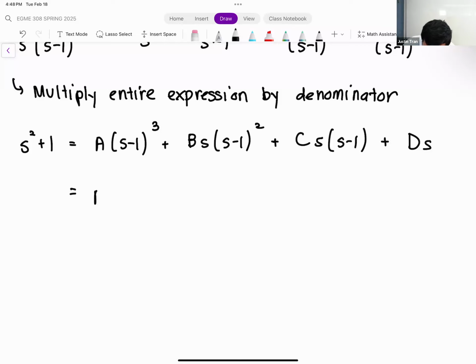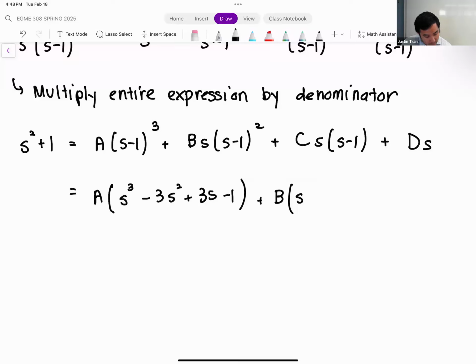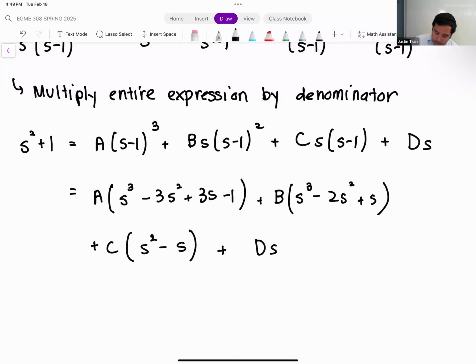The first one we have is a times s minus 1 quantity cubed, and so this is s cubed minus 3s squared plus 3s minus 1, plus b times s minus 1 squared times s, and so that's s cubed minus 2s squared plus s, plus c times s squared minus s, and then the d term is just plus d times s, and all this is equal to s squared plus 1.